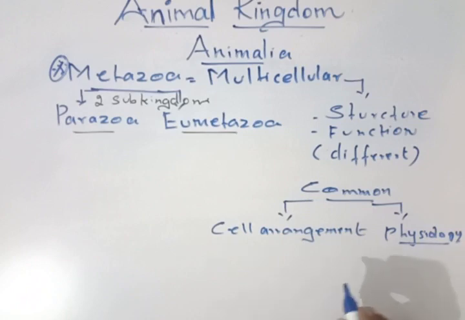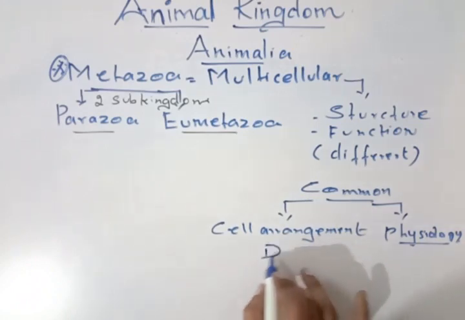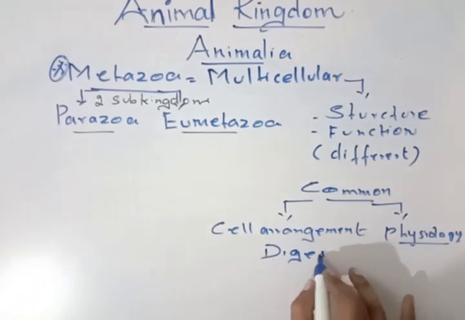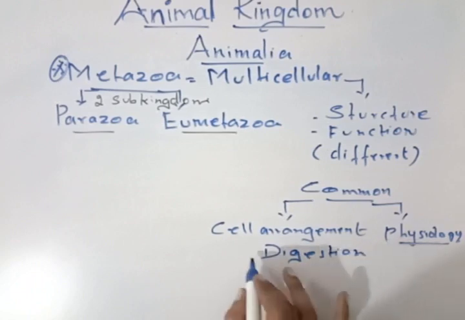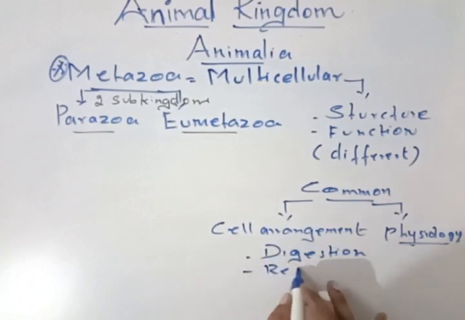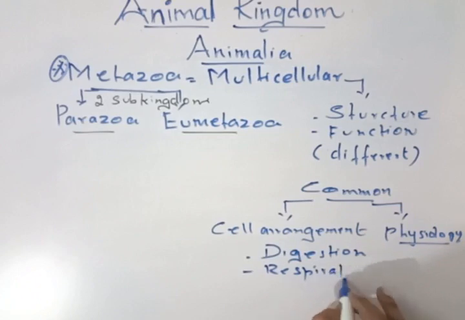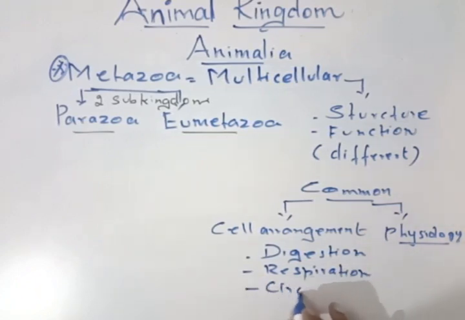Digestion is a physiological process. Second one, respiration is a physiological process. Third one, circulation. Then excretion. And finally reproduction.